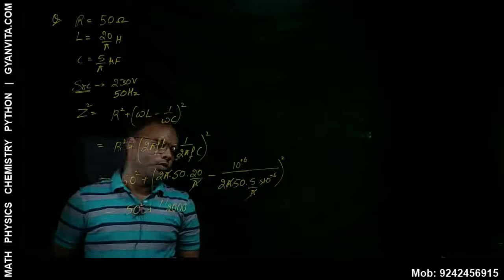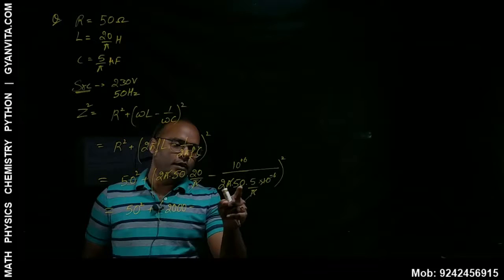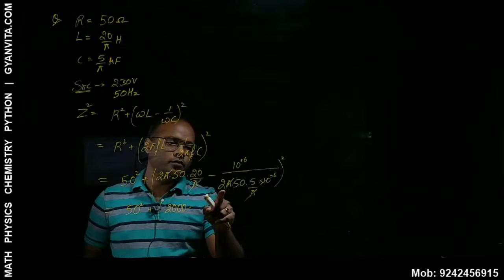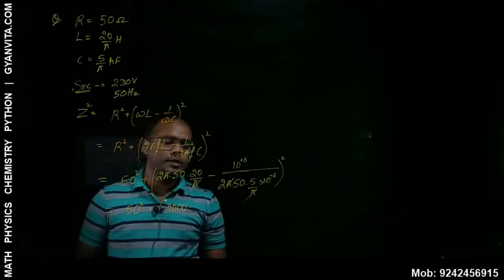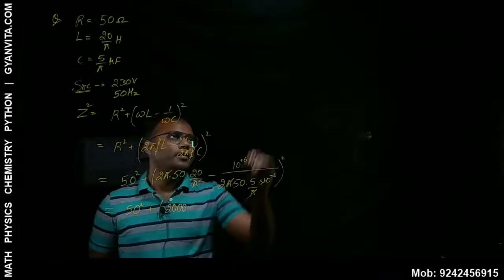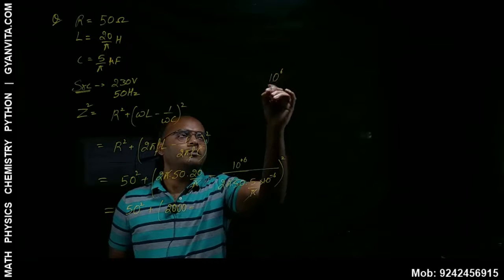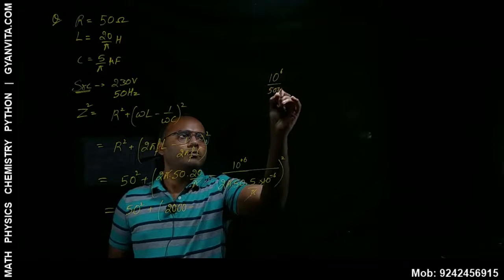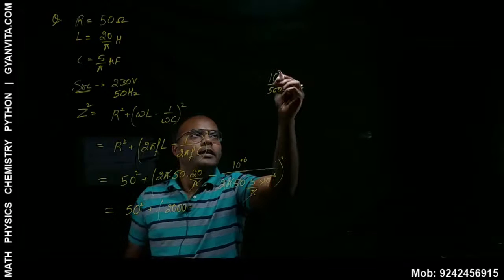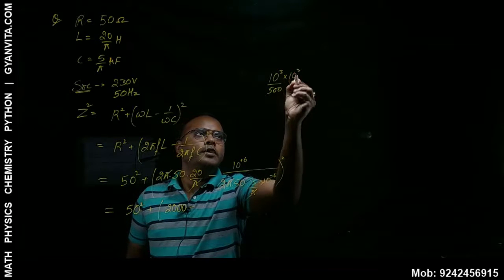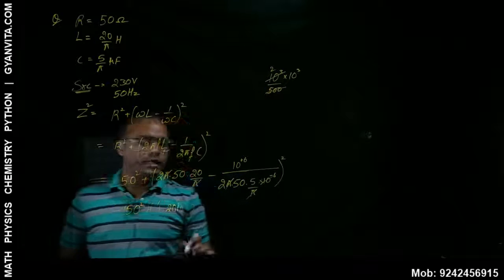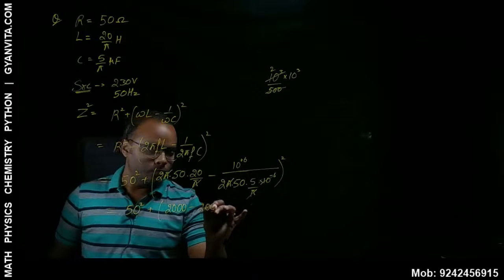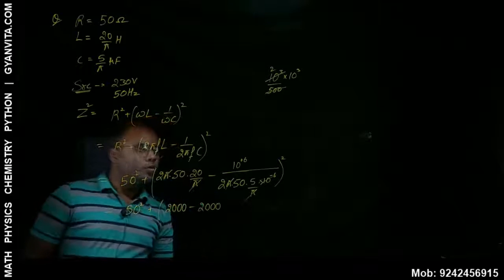Now what do we have down here? We have 25 into 250, 500, 10 to the power 6 divided by 500. I can write that as 10 to the power 3 into 10 to the power 3, so that is 500 into 2, which is also equal to 2000. I hope this is correct.